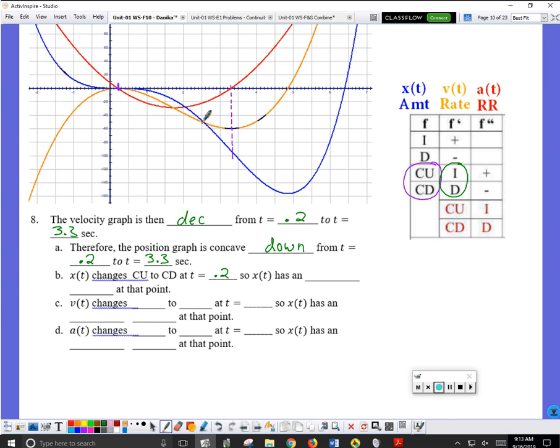Where that change occurs is not easy to see. But if I instead look at the acceleration, then it becomes much easier. Because when the position is changing concavity, the acceleration is changing positive to negative or vice versa. That I can see really clearly. So that's how I figure out where the inflection point is on the position.